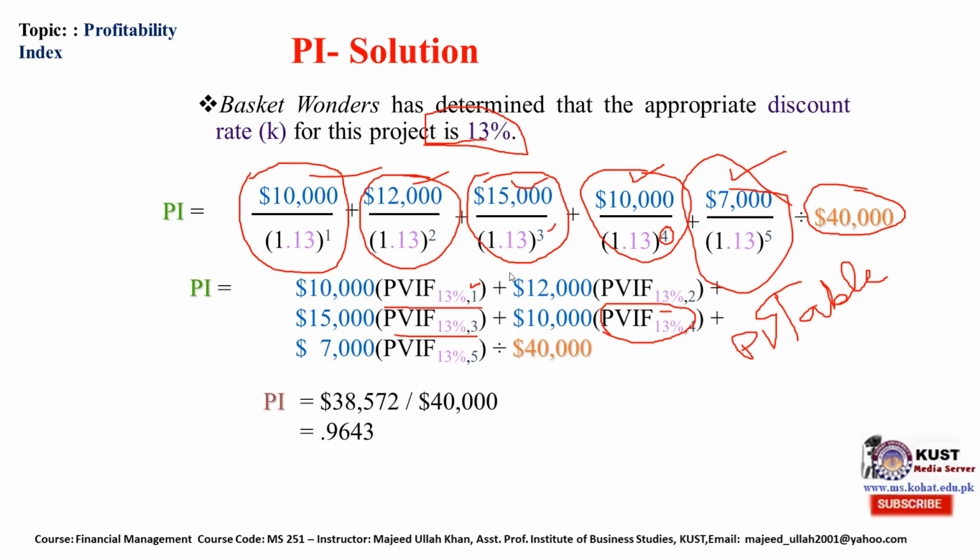When we calculate the present value of all the cash flows and add them, we get 38,572 as the present value of this series of cash flows. Specifically, this amount divided by the 40,000 initial cash outflow will give us the profitability index, 0.9643. This is the profitability index.